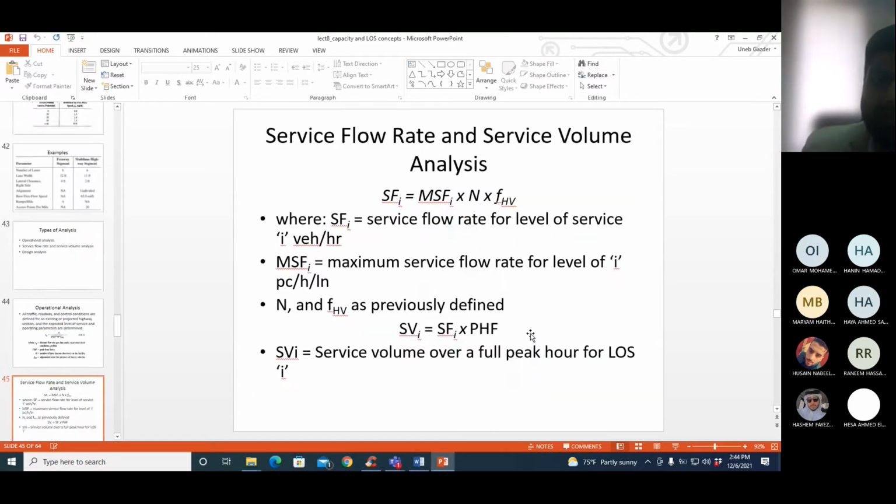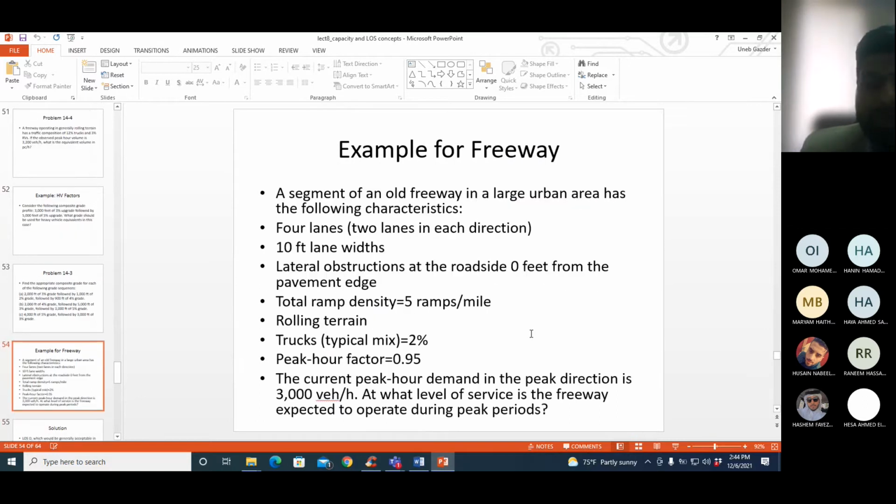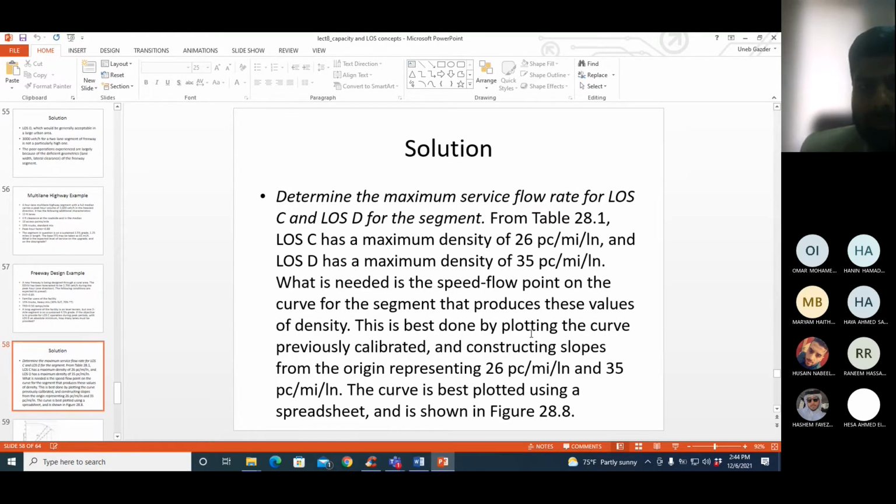Now we have another example. I could not start it in the other section, so we'll not start it. Sorry, I started it, but I did not do much in it. So we'll just calculate the level of service.